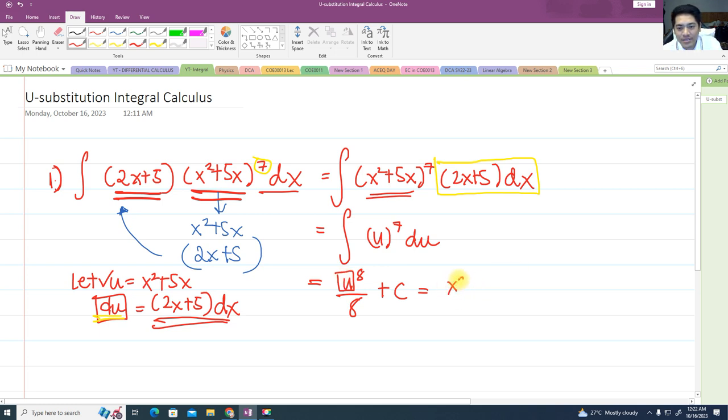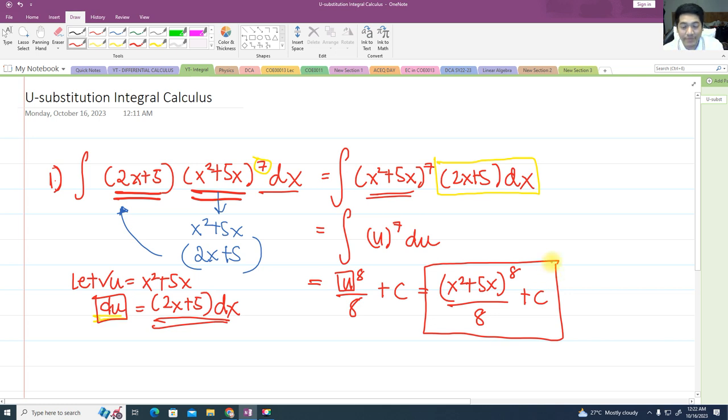That is (x^2 + 5x)^8 over 8 plus c. This becomes our answer to this problem. Or it can also be written as 1/8 times (x^2 + 5x)^8 plus c. That is still the same thing.